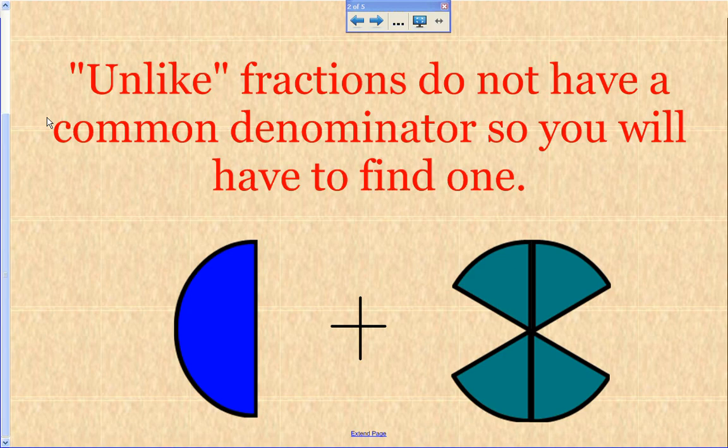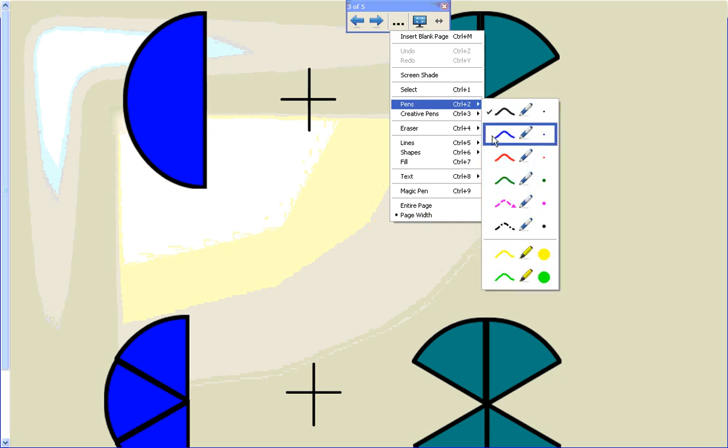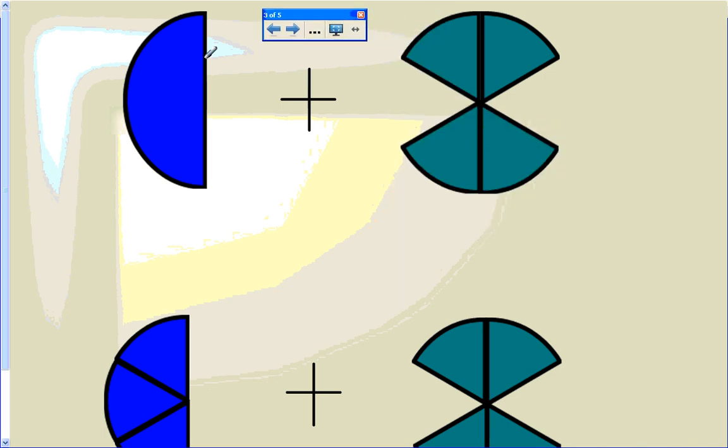So I have the same two shapes again here. I have a half circle, and this is a circle with two pieces missing out of it. If I wanted to describe these using fractions, hopefully you can see that this is half of a circle, right? So this fraction would be 1/2.